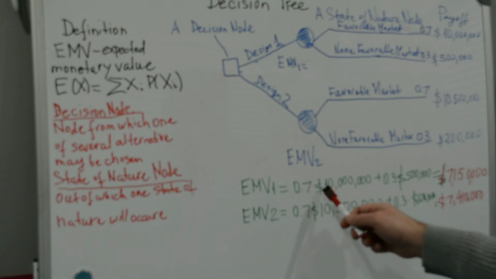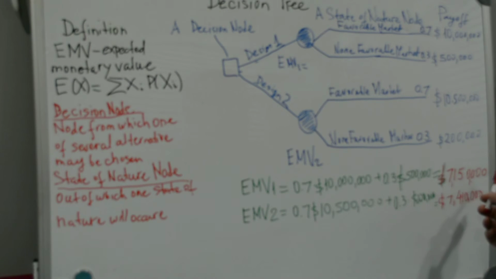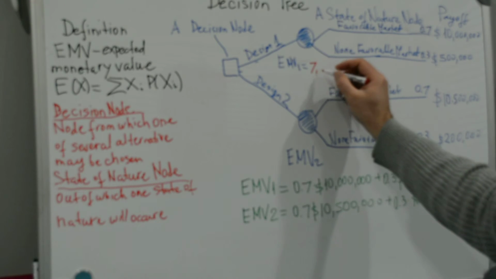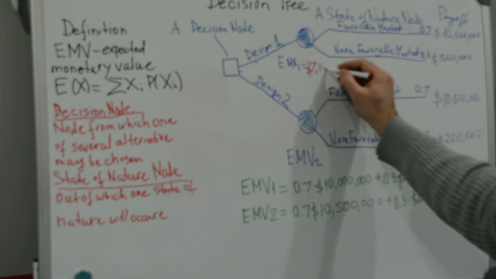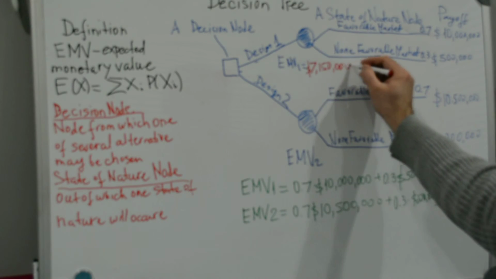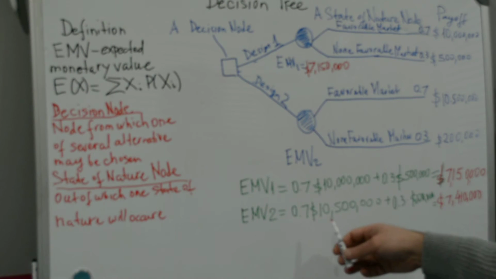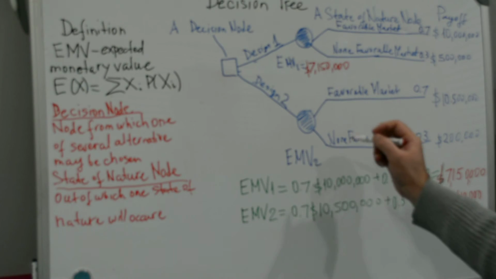So it's 0.7 times 10 million plus 0.3 times 500,000. It's $7,150,000. So I'm going to put over here $7,150,000. For EMV2, the number comes to $7,410,000.